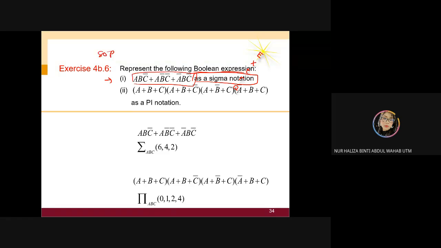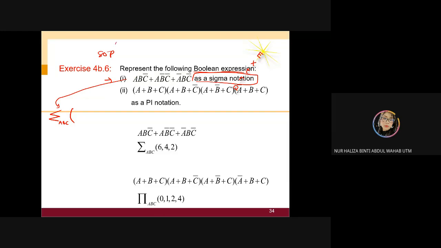Let me try to draw sigma first because it is SOP. And then I have 3 variables I'm going to put here. And in what condition will I get the output as 1?